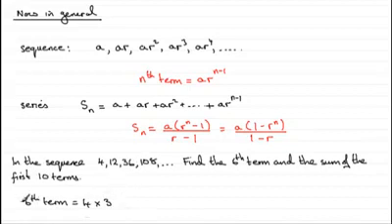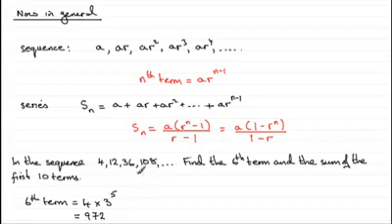We're looking for the sixth term, so n is 6, so 6 take away 1 is 5. And if you work this out on your calculator, you'll find you'll get 972. So the sixth term in this sequence, we've got the first 4 here, would be 972.